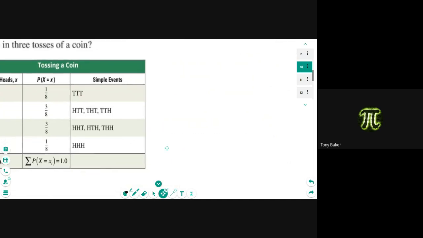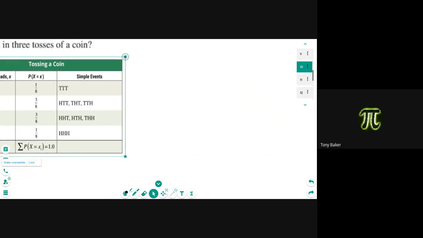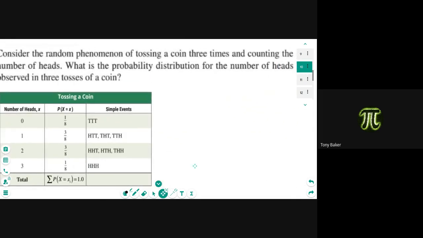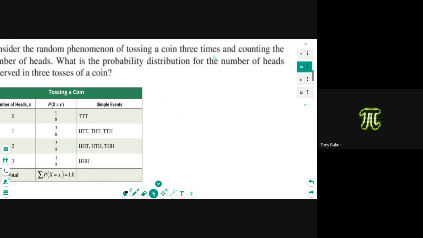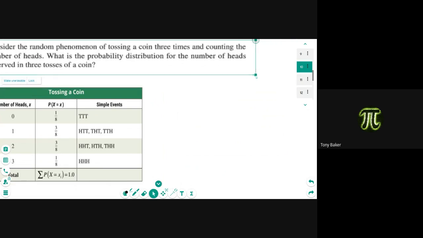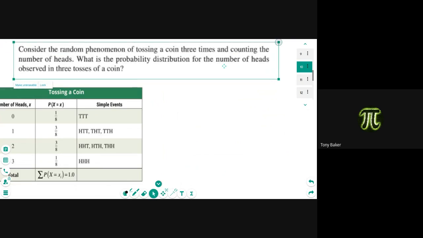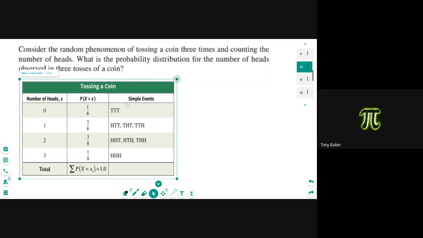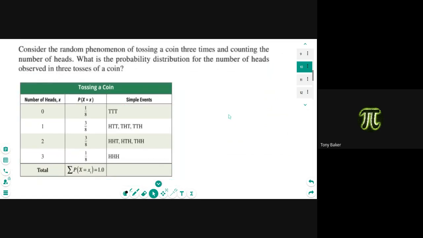Look at flipping a coin. Consider the random phenomenon of tossing a coin 3 times and counting the number of heads. In this case, for my values of x, how many heads could I possibly have?